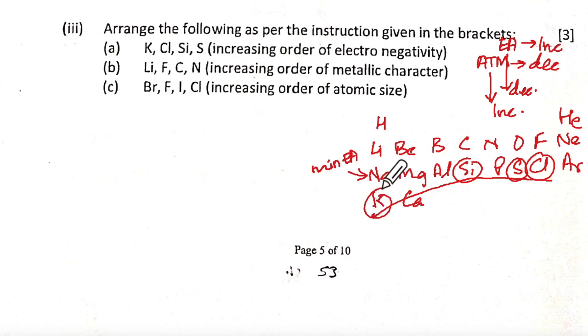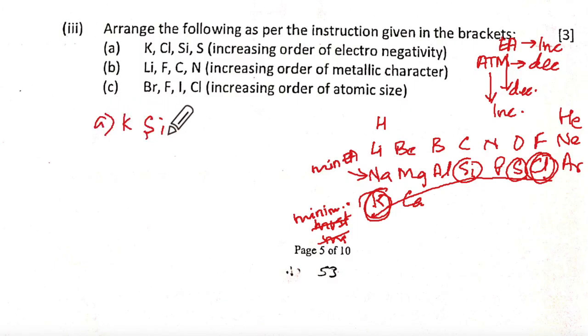Can you see that? Yes, ma'am. So this will be the most minimum. It is going to be minimum here and maximum here. They are saying increasing order, so it will be K, Si, S and Cl. Preferably do not put symbols like this, just put commas.